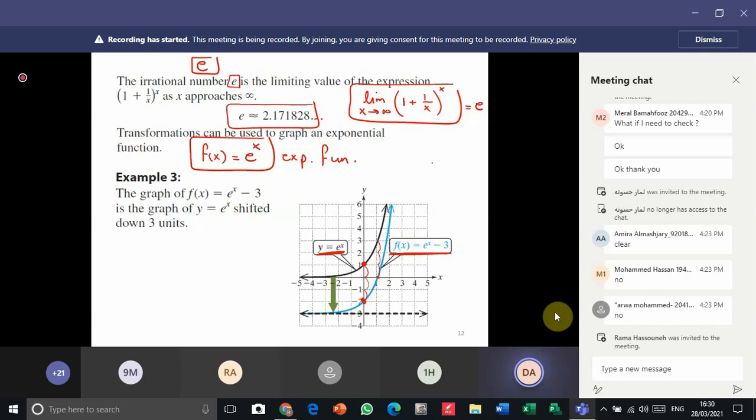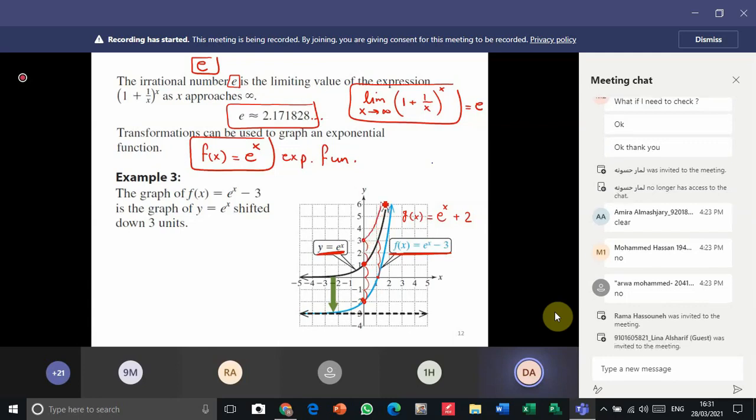If we have, for example, g of x equals e to the power x plus 2, this is shifting up by 2 units. So we have 1, 2. This is the value of shifting up like this.